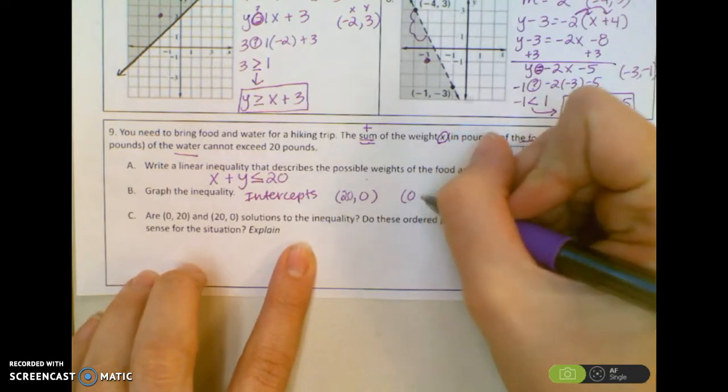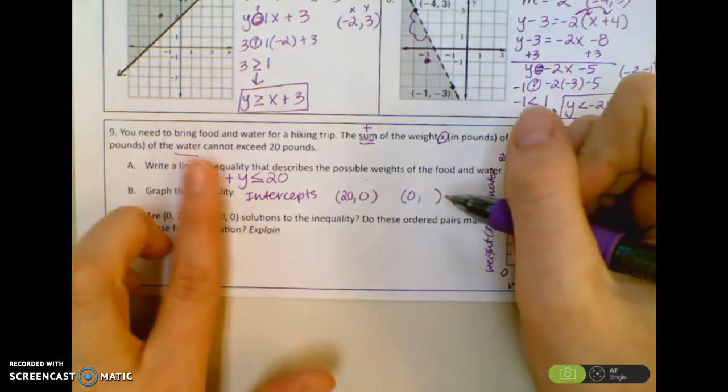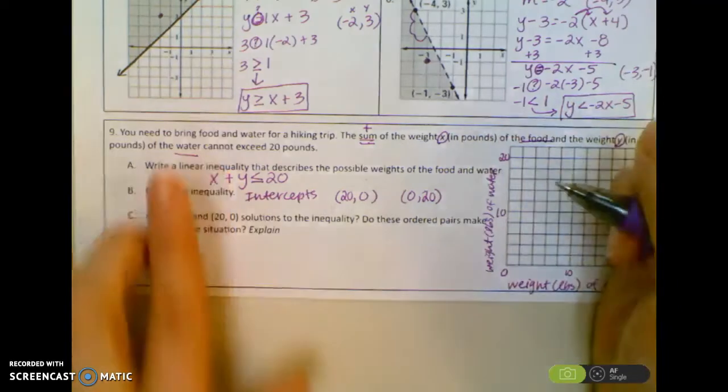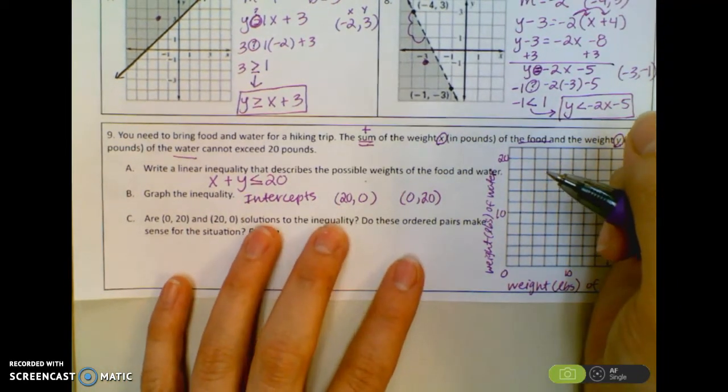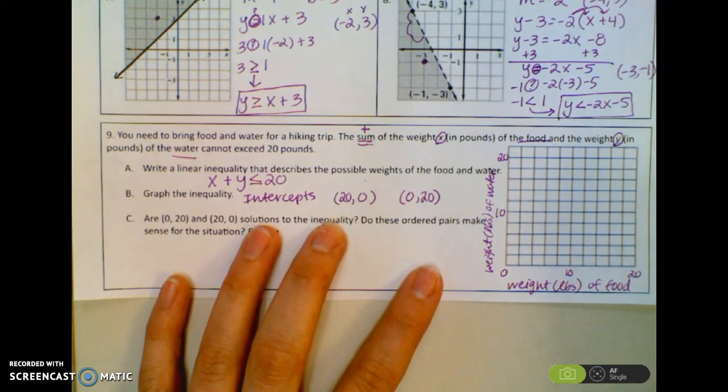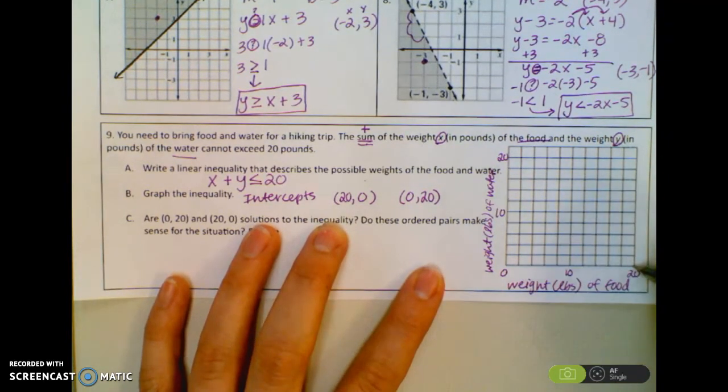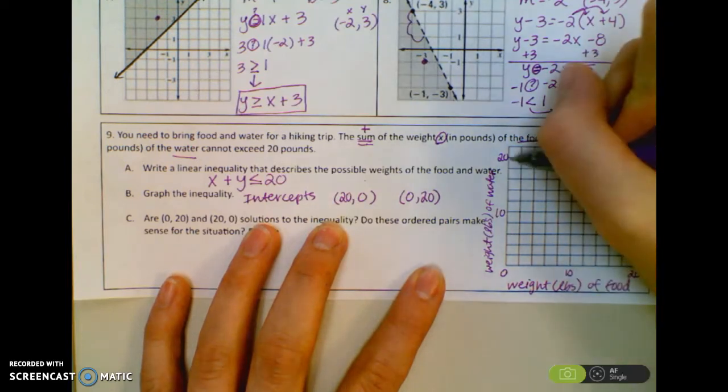Now if I find the Y-intercept, I plug in 0 for X. If I plug in 0 for X, then Y is 20. So those are my two intercepts, (20, 0) and (0, 20). And let's graph those on our graph. So we go to (20, 0), that's here, and (0, 20), that's here.